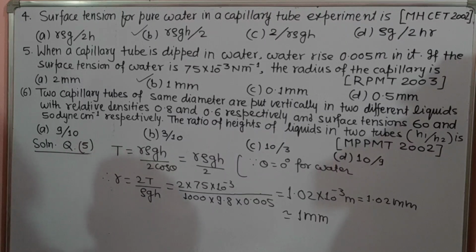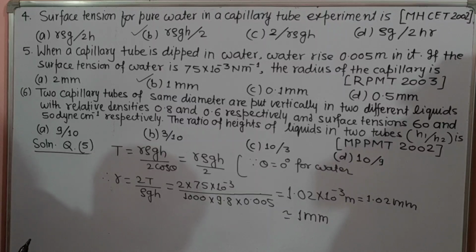Next question number 6. The question is, two capillary tubes of same diameter are put vertically in two different liquids with relative densities 0.8 and 0.6 respectively and surface tensions 60 and 50 dyne per cm respectively.